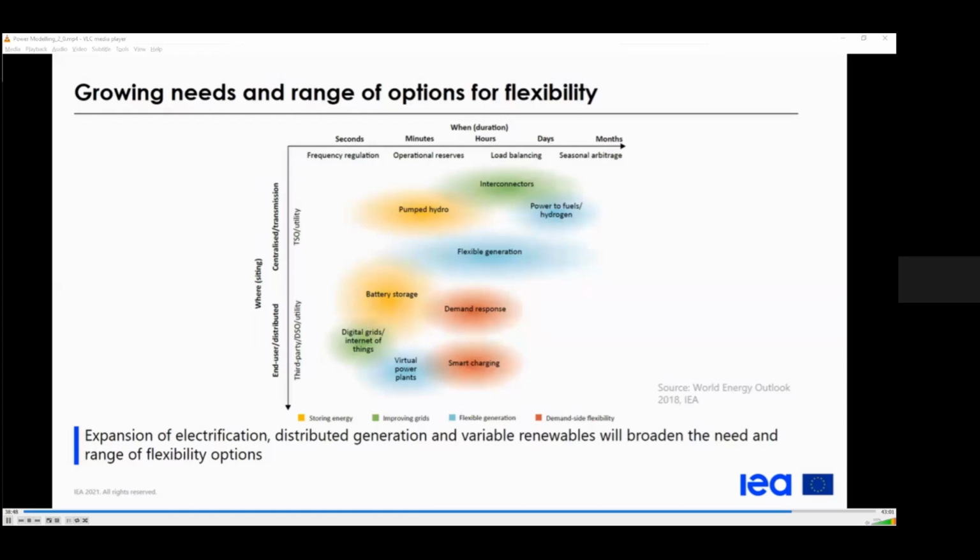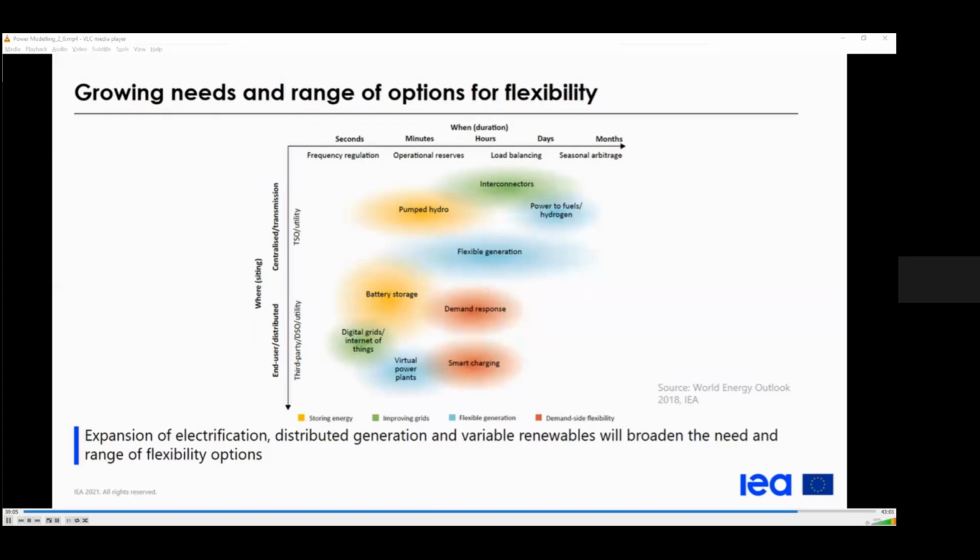So we can see how these categories fit in the general flexibility landscape, with decentralized options at the bottom and utility scale solutions on top.